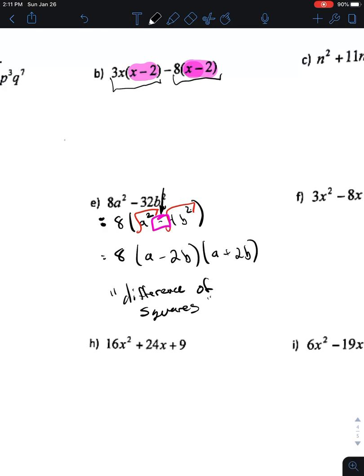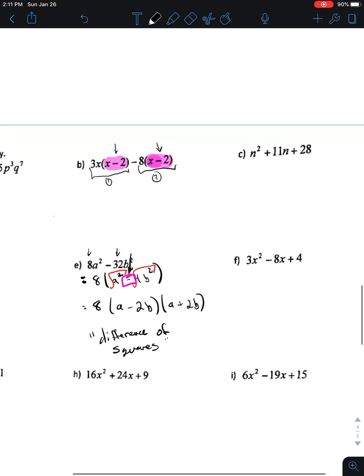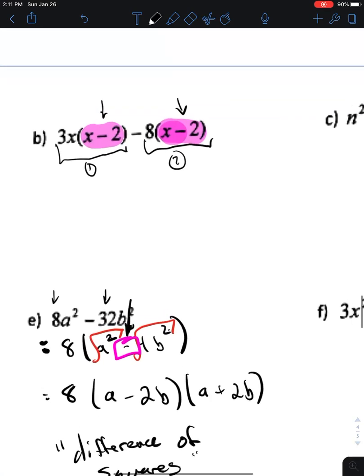Well, here's one piece, and here's the second piece. I see that I have something in common in both pieces, much like I saw the fact that I had an 8 in common amongst these two pieces.